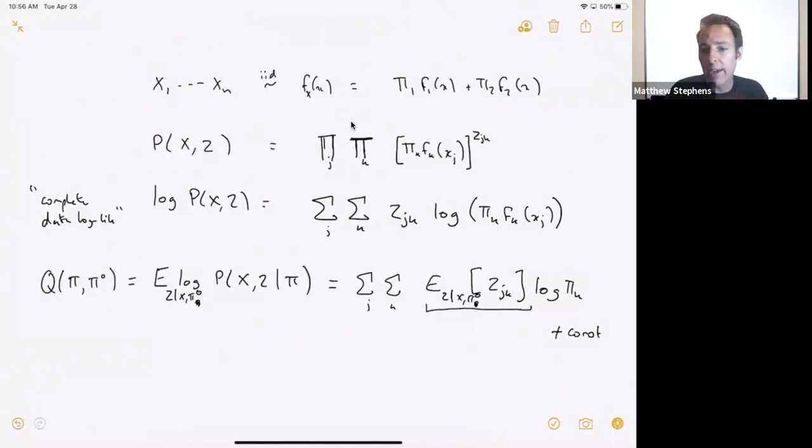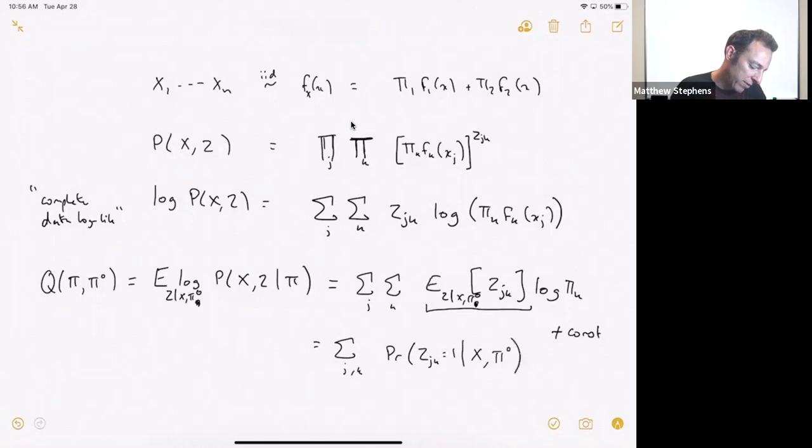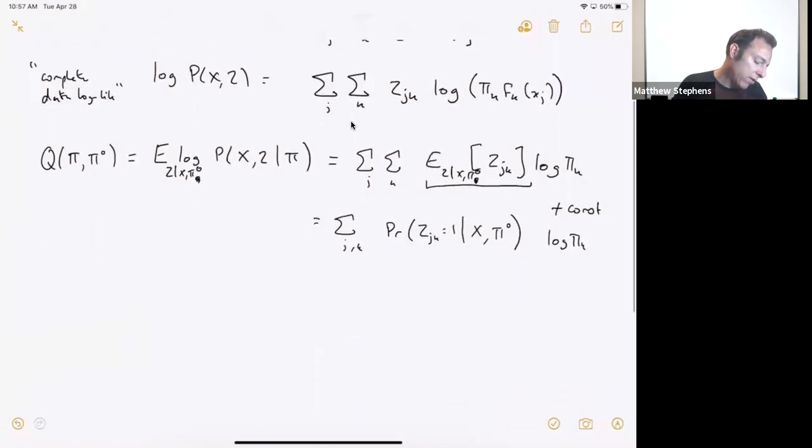Remember, the Z's are indicators. The expectation of an indicator is just the probability that it's 1. So what we actually get here is the sum over j and k of the probability that Zjk equals 1, given X and the current estimate pi 0, times log pi k, and I'll ignore the constant. Okay, so that's our Q function here.